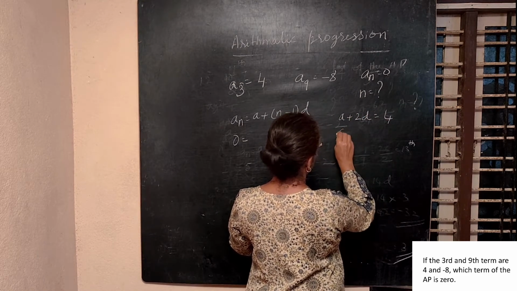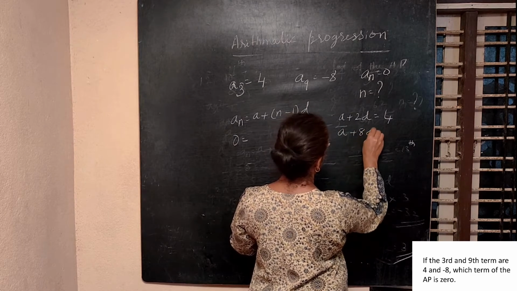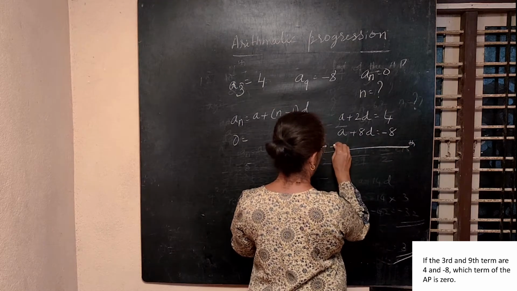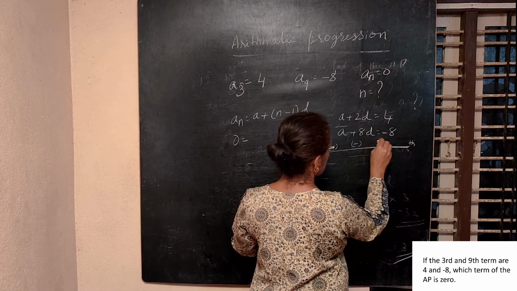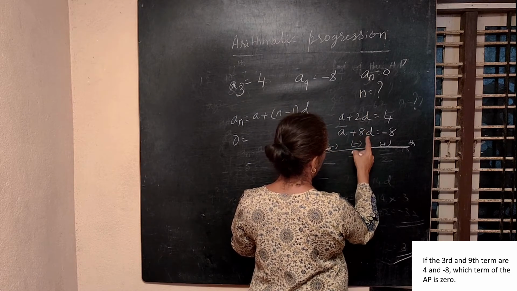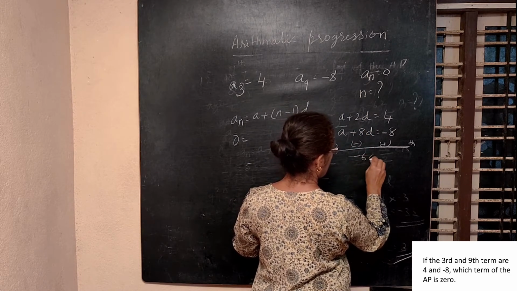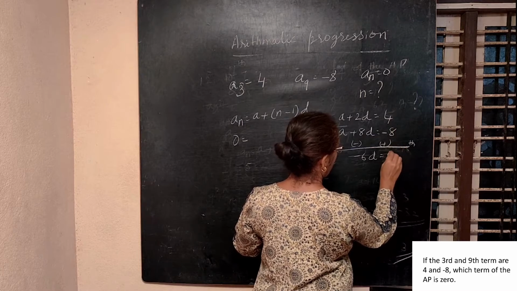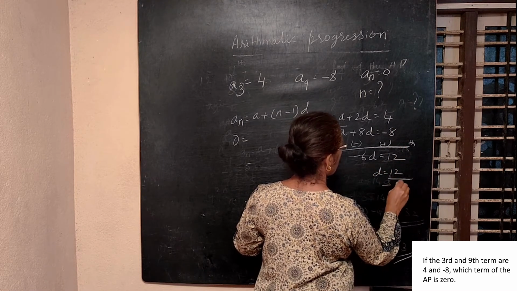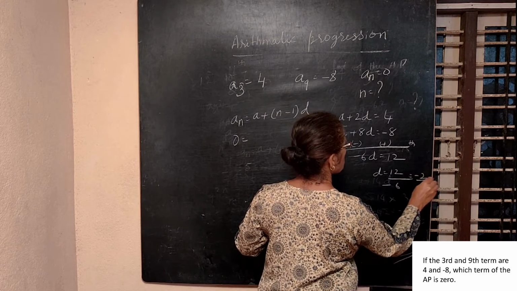A9, A plus 8D is equal to minus 8. Let us do minus, minus, plus. So you get 2D minus 8D is minus 6D, and 4 plus 8 is 12. D is equal to 12 divided by minus 6, D is equal to minus 2.